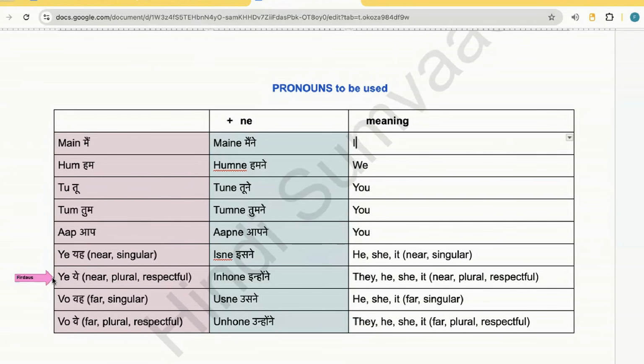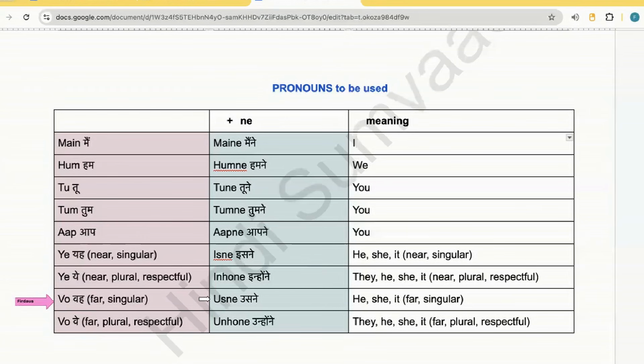When it changes to plural, you have ye or inhone. Ye, inhone, meaning they, but also he, she, respectfully, or it. So the object is also near, but now is either plural or you show respect towards it. And then if it's far away, you say wo, and vah in Devanagari.